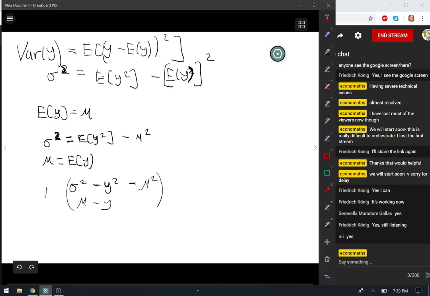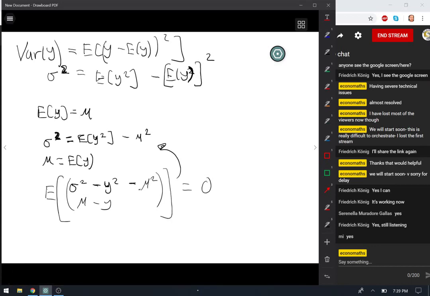The average of this equals 0, which just expands back out to the above. So inside this vector is the moment function, and the average of this equals 0 at the parameters of interest.